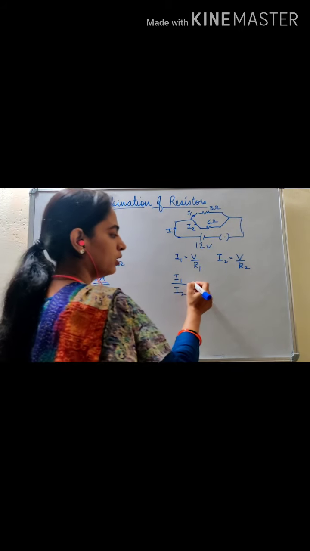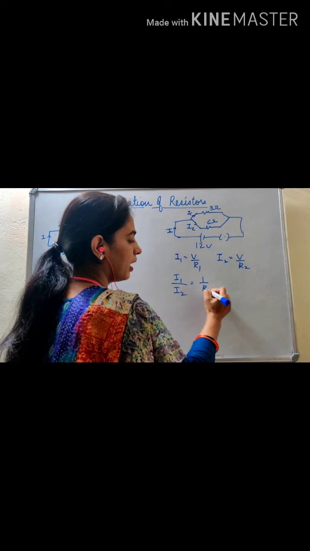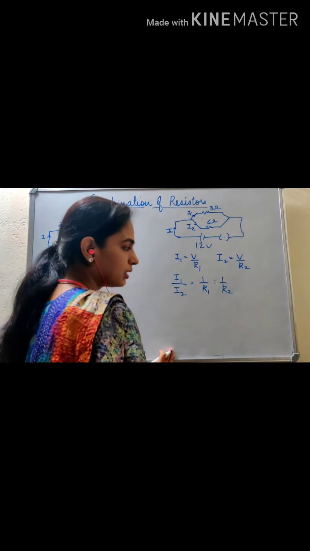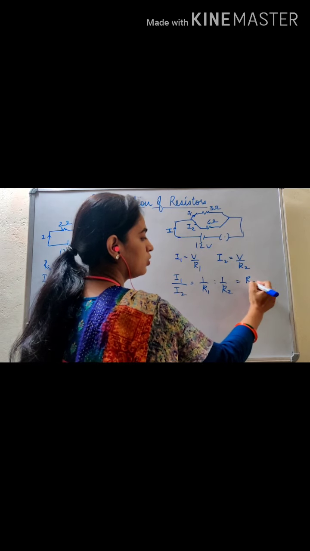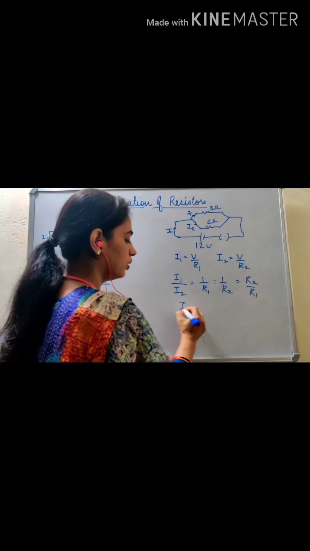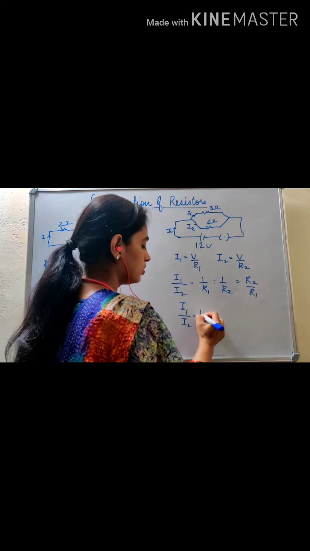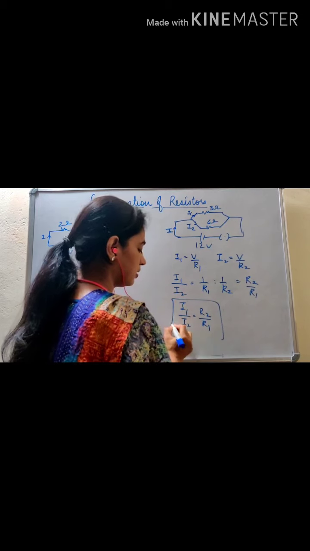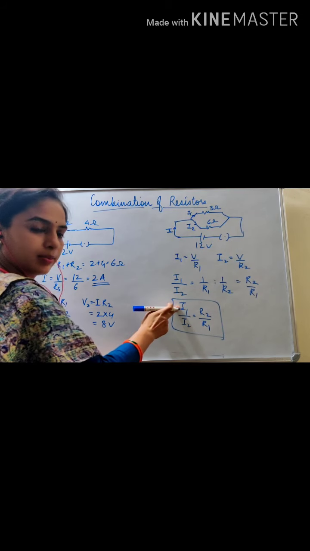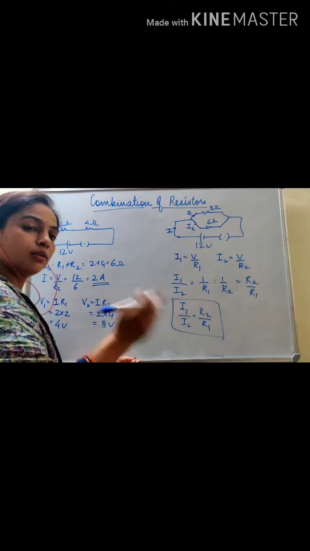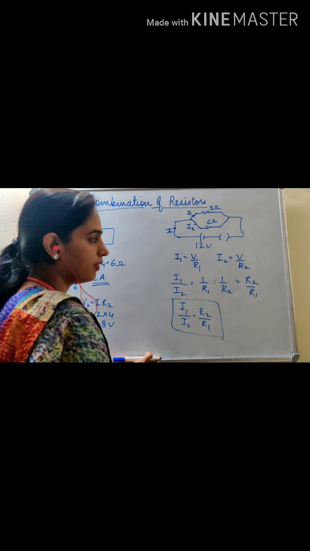I1 by I2 will be equal to 1 by R1 is to 1 by R2, right? That is equal to R2 by R1. So I1 upon I2 is equal to R2 upon R1 if you take 2 resistors. Okay, so the ratio of current is equal to the reciprocal of the ratio of the resistances.